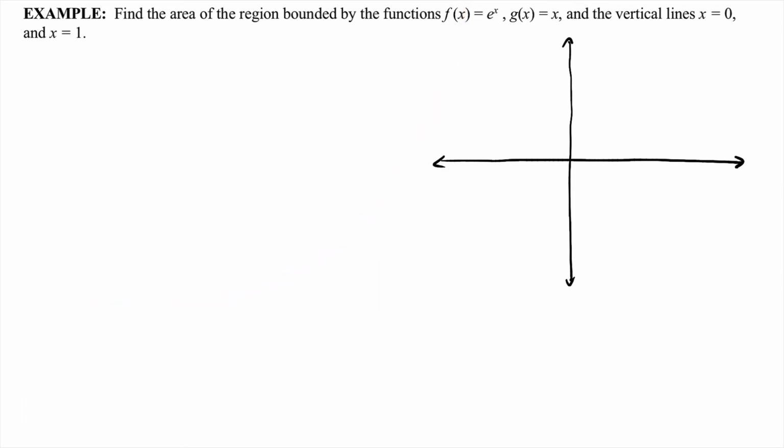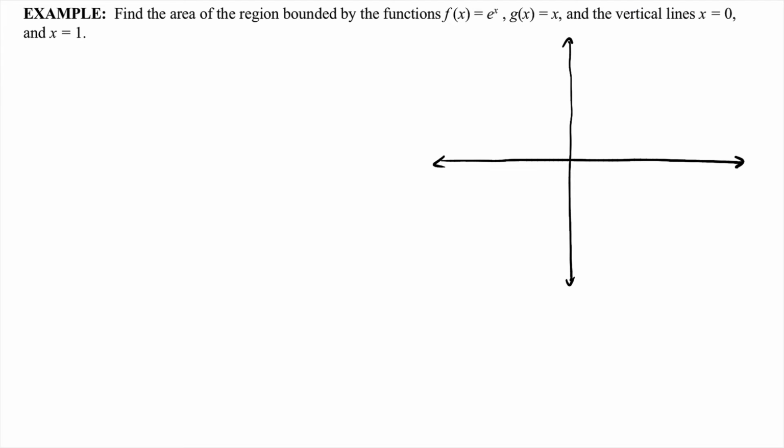That's how they look, so e to the x looks something like that. This one is also increasing, but it's just a straight line, increasing but not as fast. Then there are the vertical lines, x equals 0 and x equals 1. So we're going to draw all of that together.